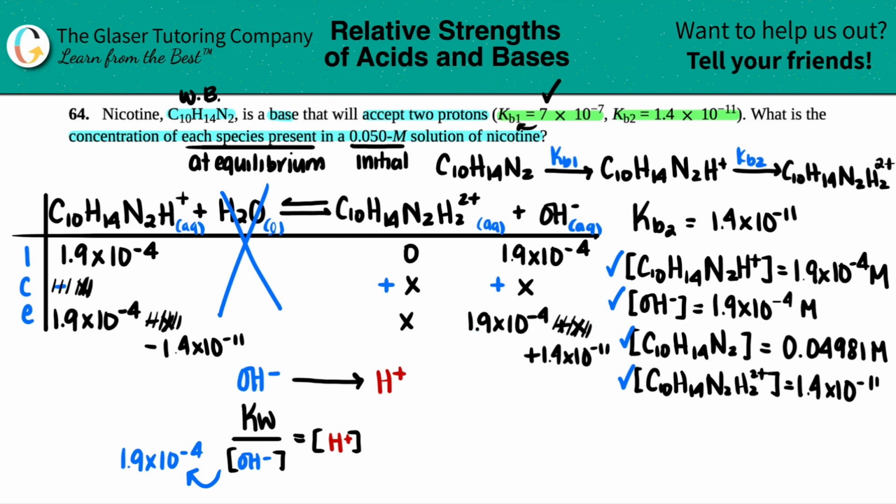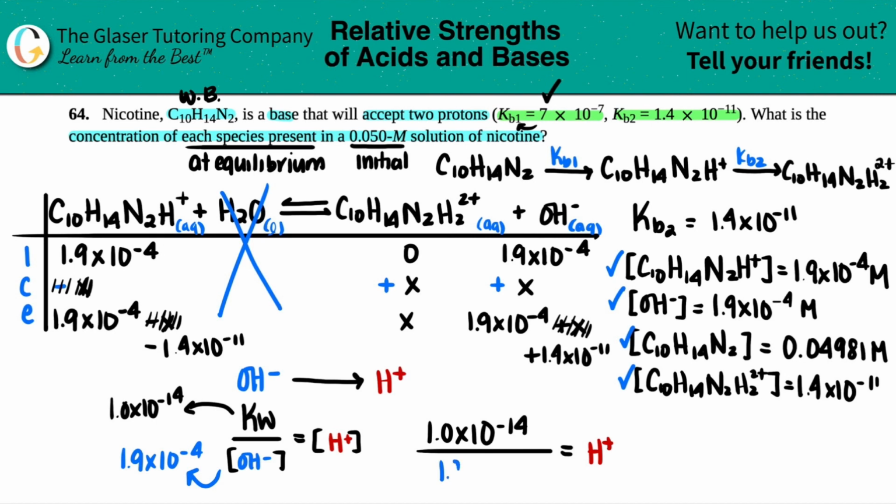And since they didn't tell us a temperature, but they did give us K values, we have to assume that we're at room temperature. So we have to use the Kw value that's at room temperature, and that's 1.0 times 10 to the negative 14th. So here we go. 1.0 times 10 to the negative 14th divided by that OH minus will give us the H plus, right?